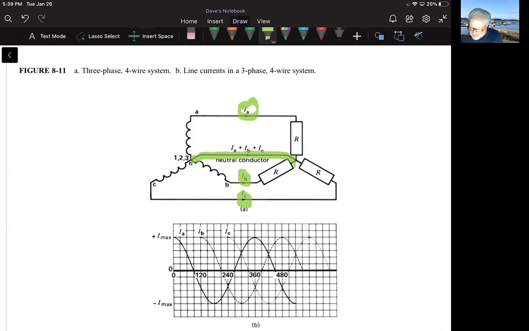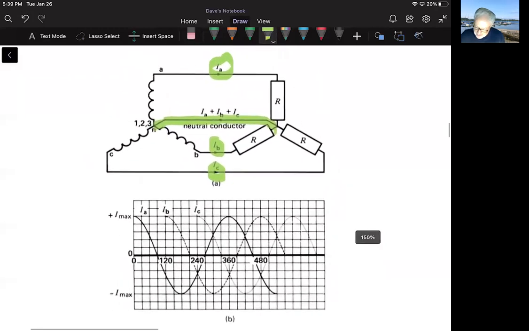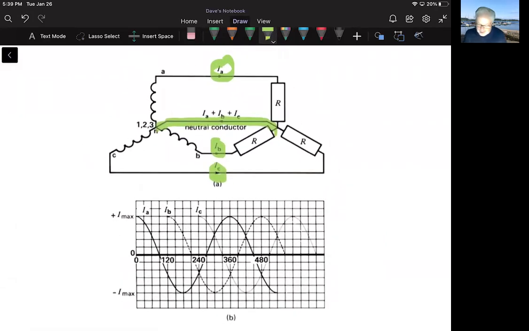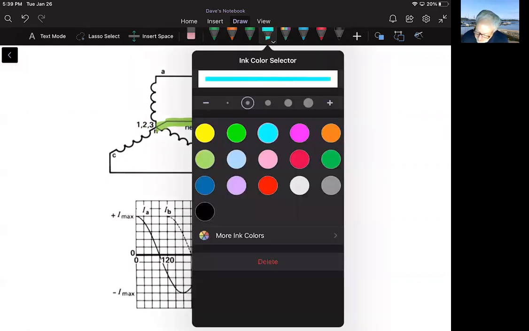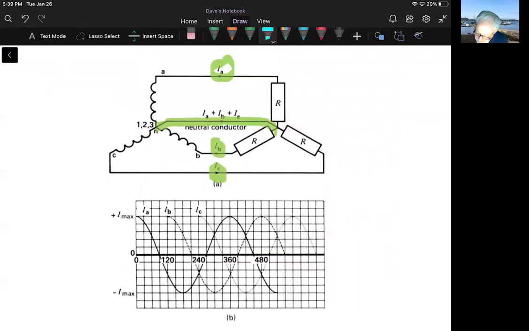So we need to make sure that we specify that that particular conductor has a current carrying ability 3 times greater than that of, say, this conductor, or this conductor, or that conductor.